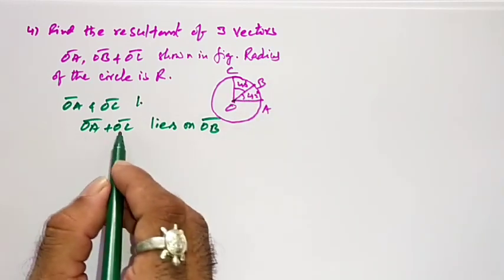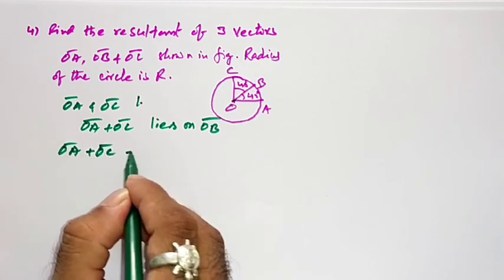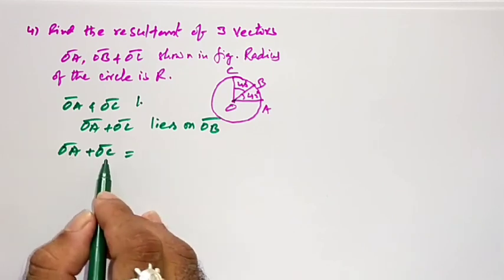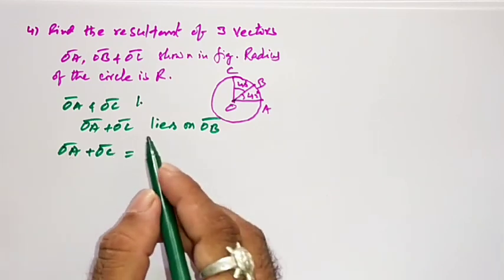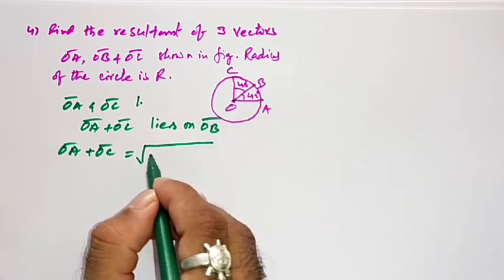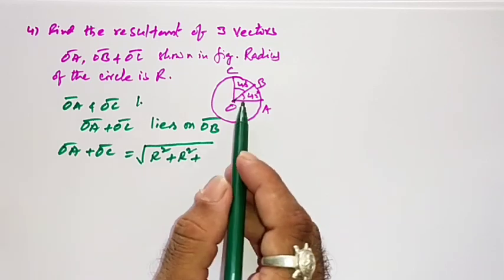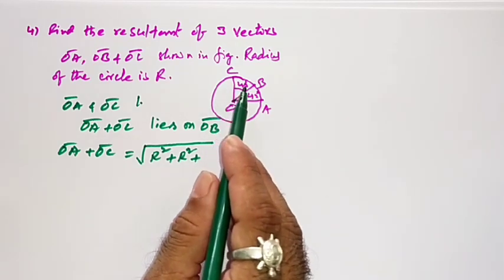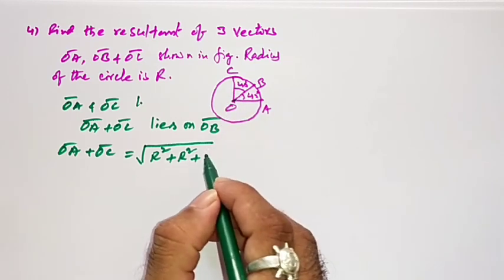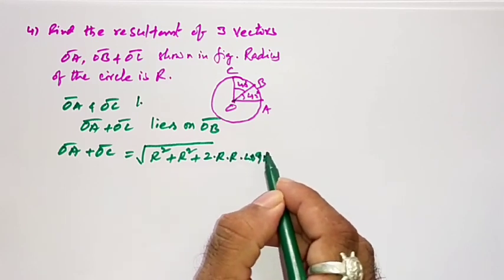So first you calculate OA plus OC. For two vectors A and B, the magnitude is root over A square plus B square plus 2AB cos theta. Here, the magnitude of OA squared is R square, plus R square, plus 2 into R into R cos 90, since the angle between OA and OC is 90 degrees.